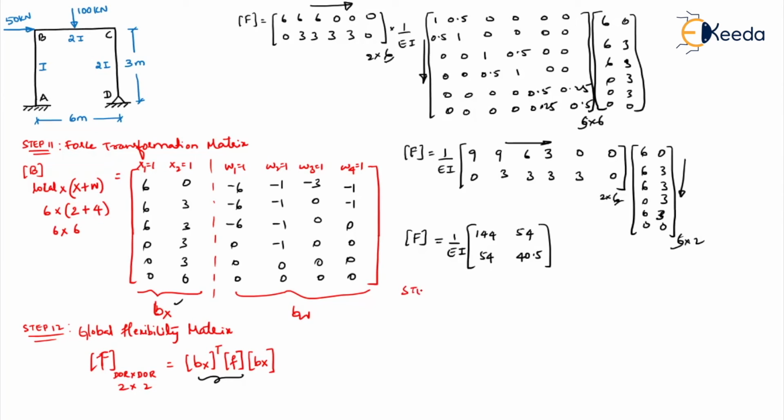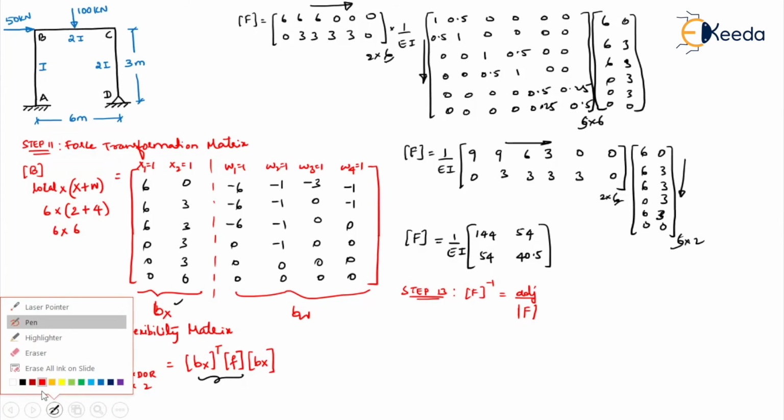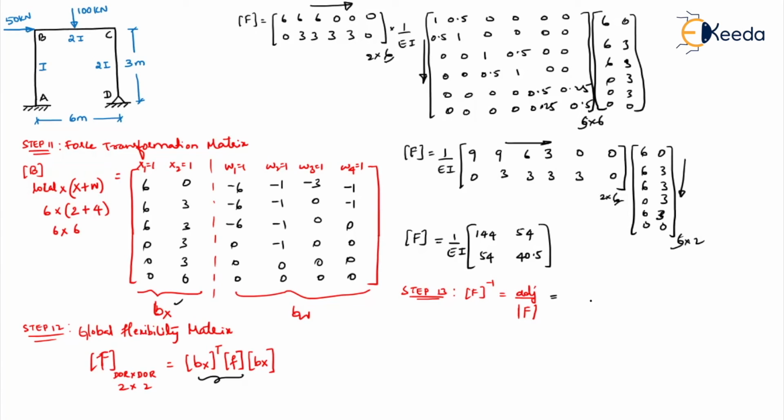So once your global flexibility matrix is done, what will you do? Step 13, your F inverse. That's nothing but adjoint A by determinant A. You know already now how to do it. So it is 1 by this into this. That's 144 into 40.5 minus 54 square. This is determinant F. Okay. Adjoint means what? Just change these rows into columns.